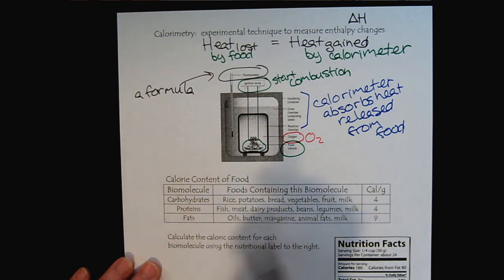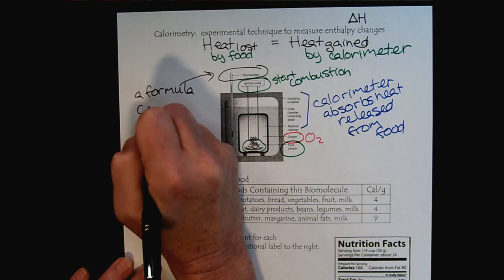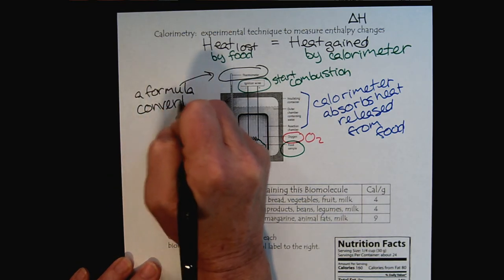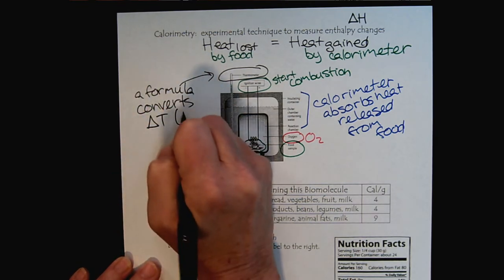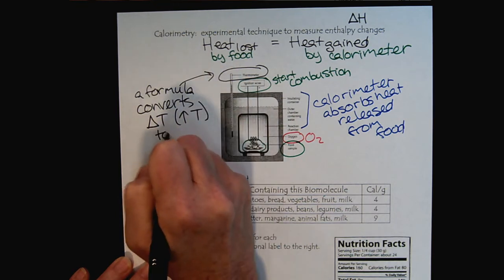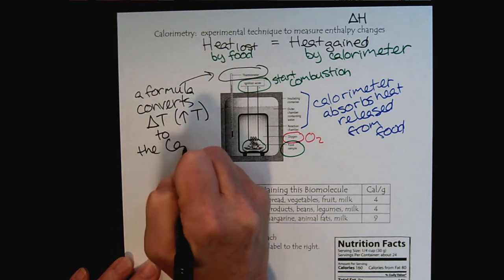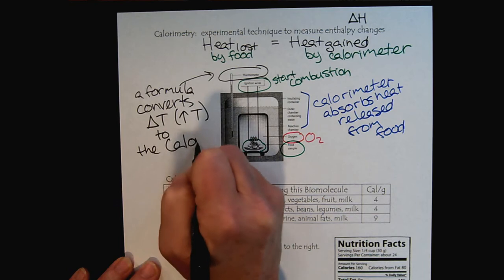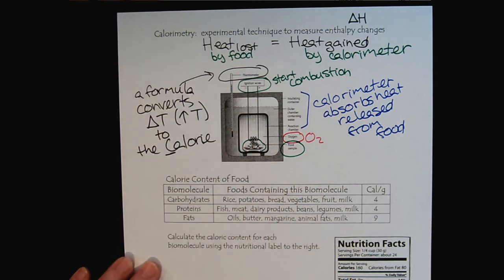We're not going to worry about those details, we just want to understand the overall concept. So a formula converts the increase in temperature to the calorie content of the food. And since we're talking about food, we're using uppercase C.